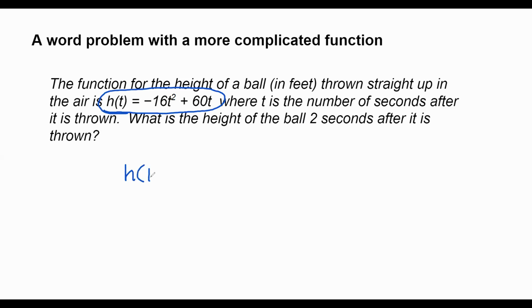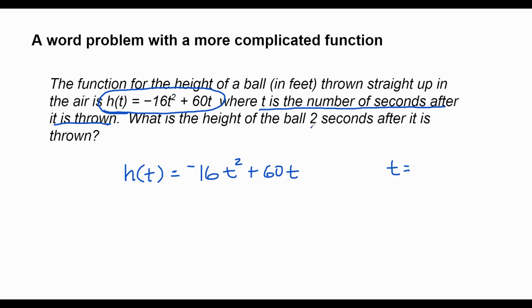Let's pull our function out because that's the most important part of this problem. -16t squared plus 60t. And we know that now that we've identified this function, what we need to know is t. What is t? What did our word problem tell us t represents? It's the number of seconds after the ball is thrown.